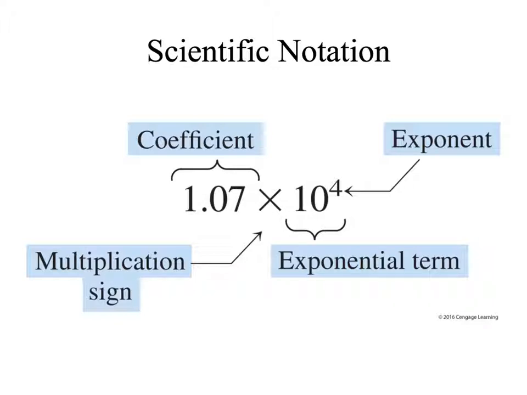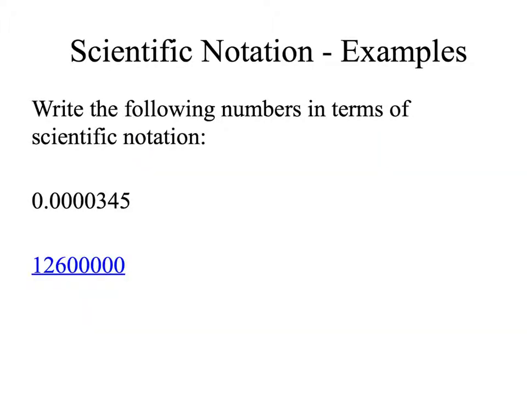So an example, here again is that structure. You have some coefficient, which is reported to the appropriate number of significant figures. You have an exponential term, which is that 10. You have the exponent, which is going to tell you how many decimal places you're going to move your number. So we can report the following values in terms of scientific notation.